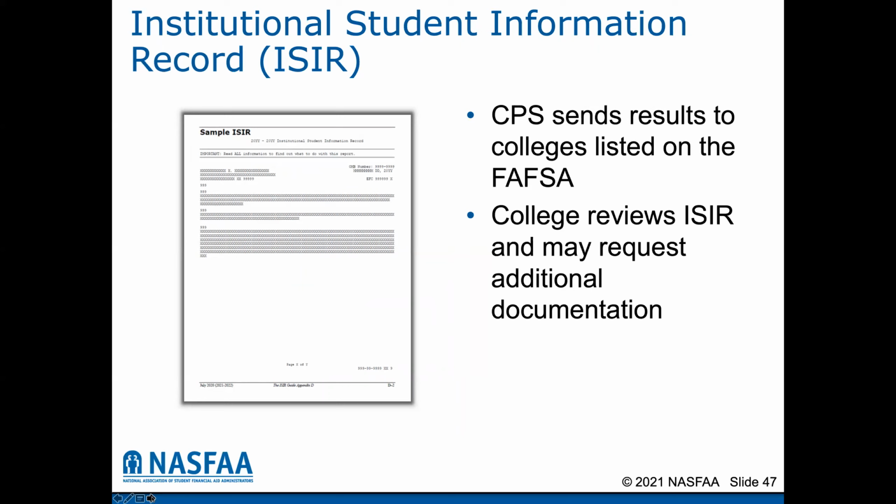So we'll review the ISIR and may make requests for additional documentation if we see something that might not look right on our end, and give you the opportunity to correct that to see if it benefits you in getting more student aid, especially if you put higher income, or you accidentally put your retirement, your 403Bs or 401Ks in the investment income. So those kinds of things we are trained in looking for when reviewing your ISIRs when it gets to the colleges.